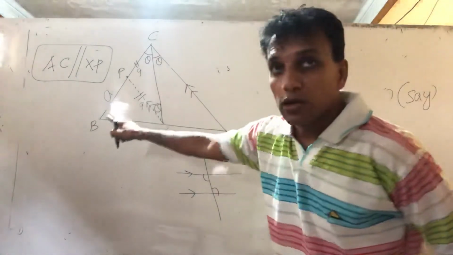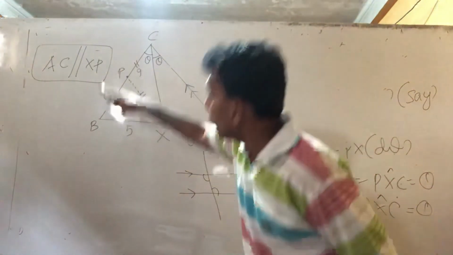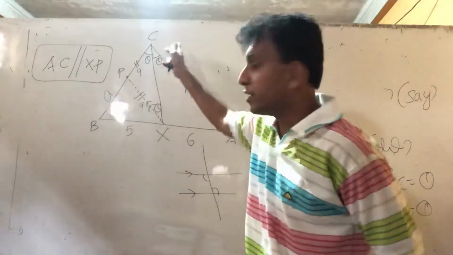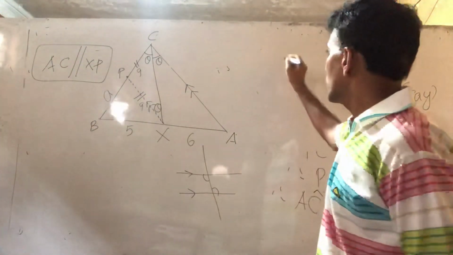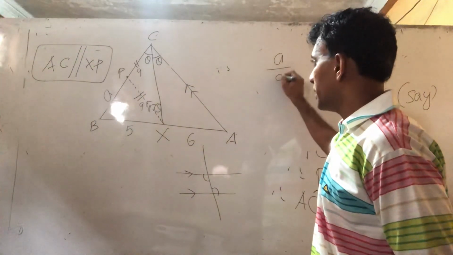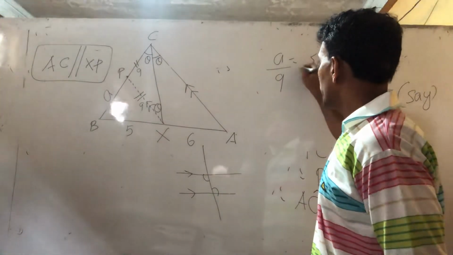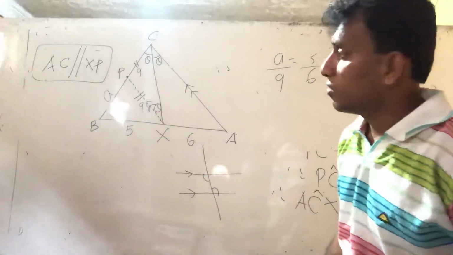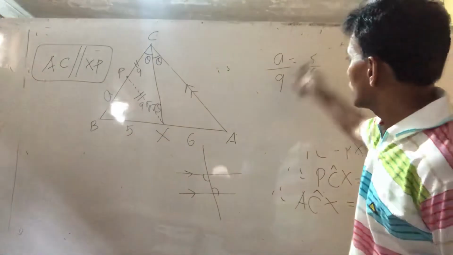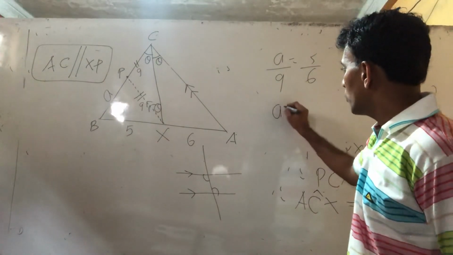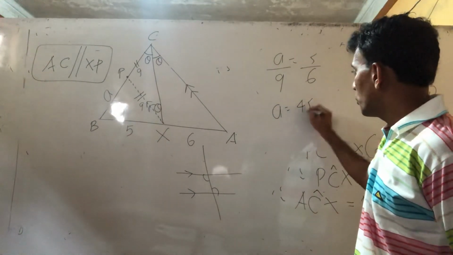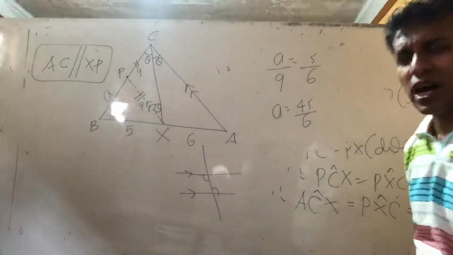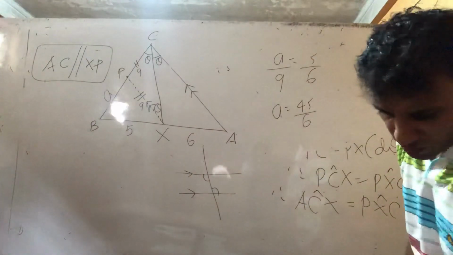Start from the unknown: a over 9 equals 5 over 6. So a equals 45 over 6, the decimal answer is 7.5. The value is 7.5.